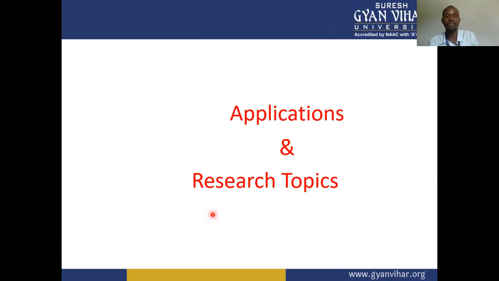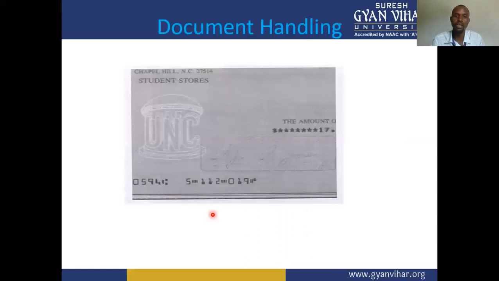Now, having covered that point, we are going to look at some of the application areas and research areas in which you can perform digital image processing. The first one is document handling.